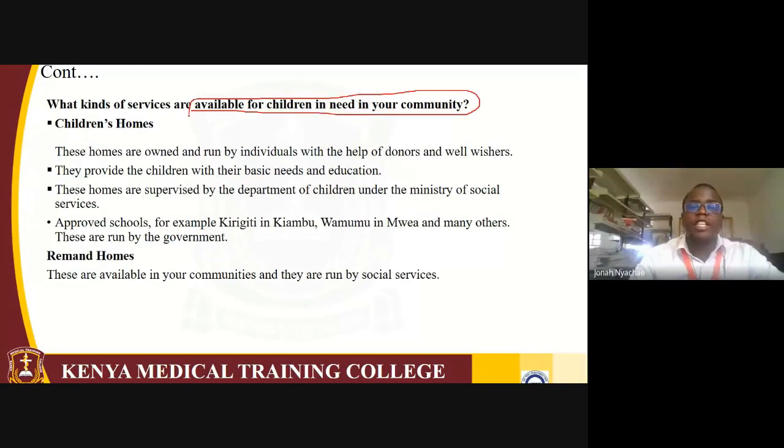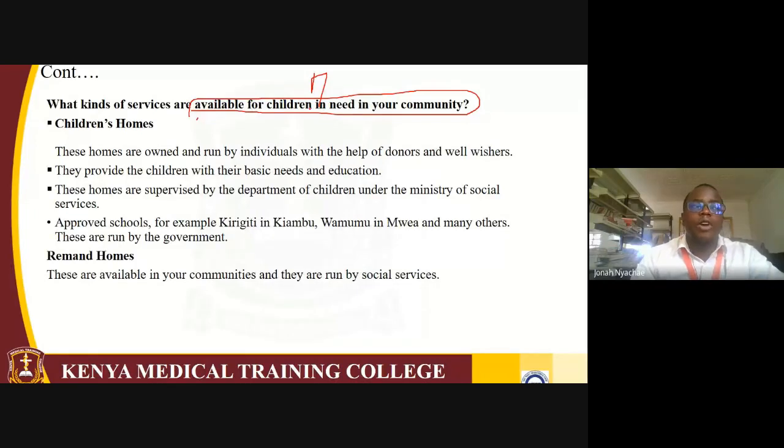This is a question that once you are posted anywhere within the Republic, it may not be directly linked to your scope of practice, but it could be that you have been called upon to advocate for these special needs persons.